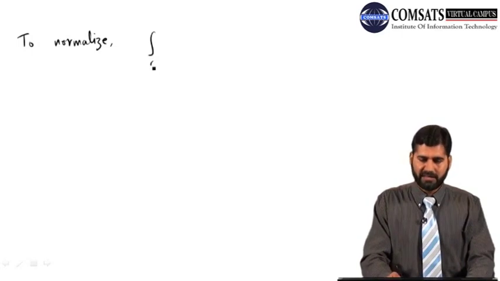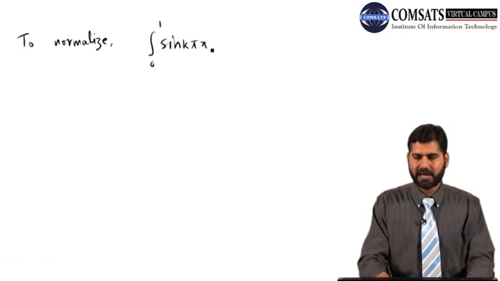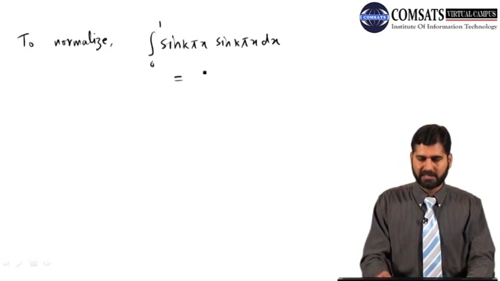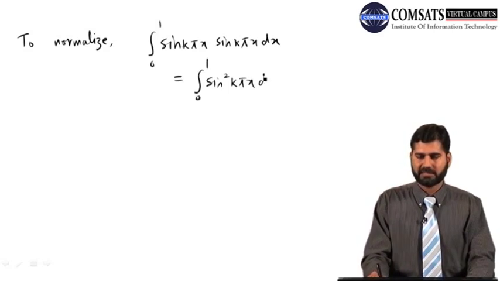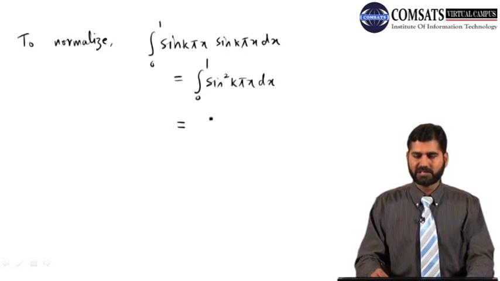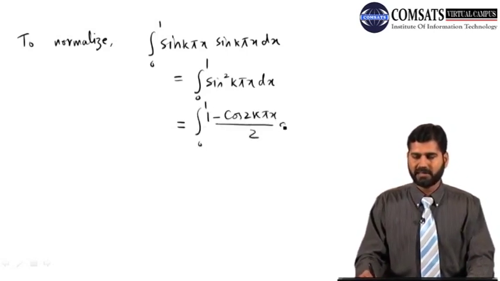Now we have to normalize them. To normalize, we can integrate sine k pi x with itself, sine k pi x times sine k pi x dx, and obtain the answer. This is from 0 to 1, sine squared k pi x dx. If you integrate, you can write sine squared k pi x as 1 minus cosine 2k pi x divided by 2, and integrate from 0 to 1 dx.